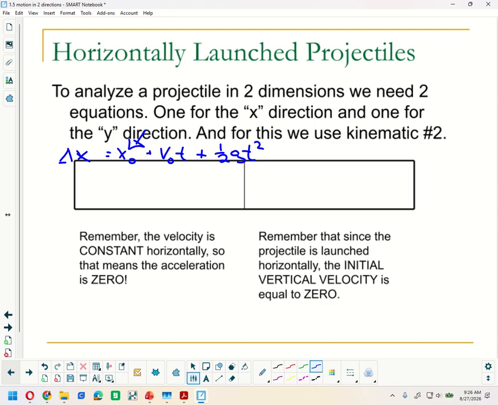So now starting this out, we're going to have my different directions. So I have the vertical component and I have the horizontal component. My horizontal component is going to be equal to my initial velocity times time.